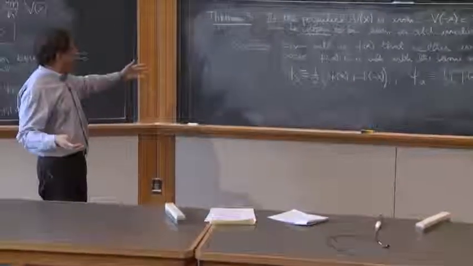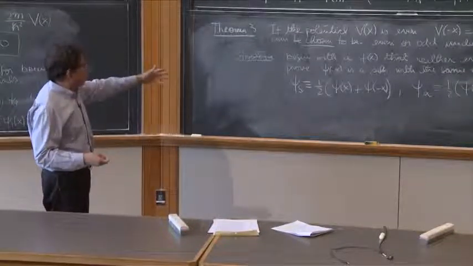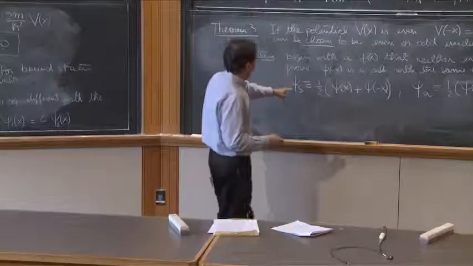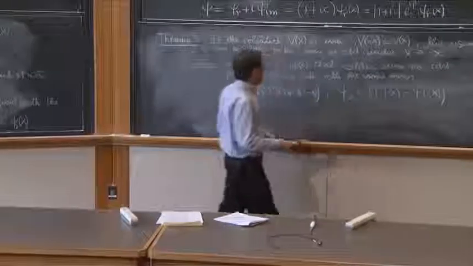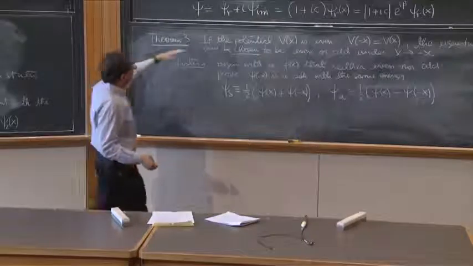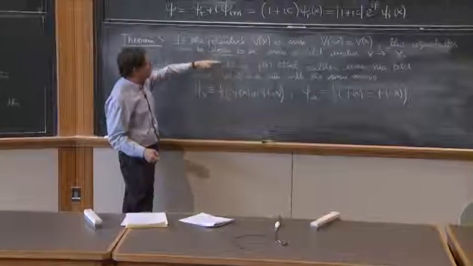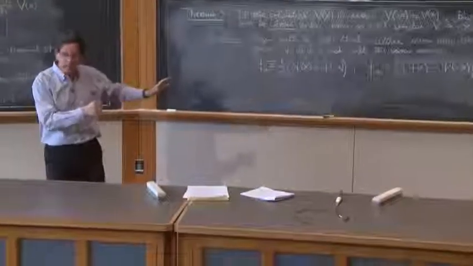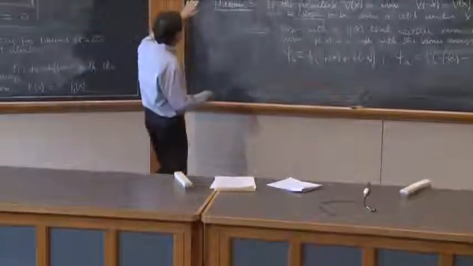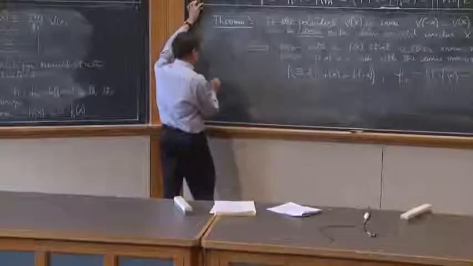So that's the end of the theorem, because then these things are even or odd and have the same energy. So the solutions can be chosen to be even or odd under x. So if you've proven this, you've got it already. But now we get a corollary.